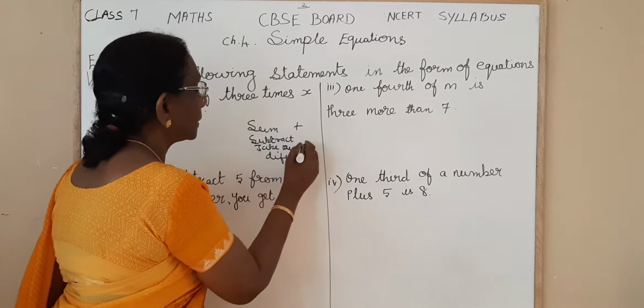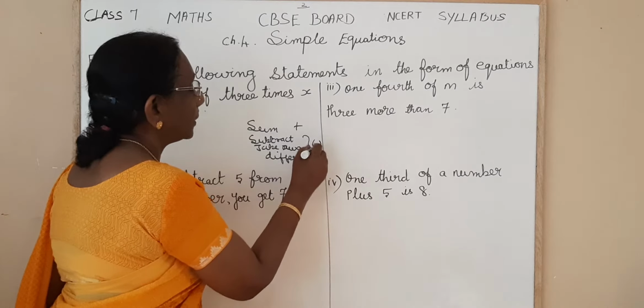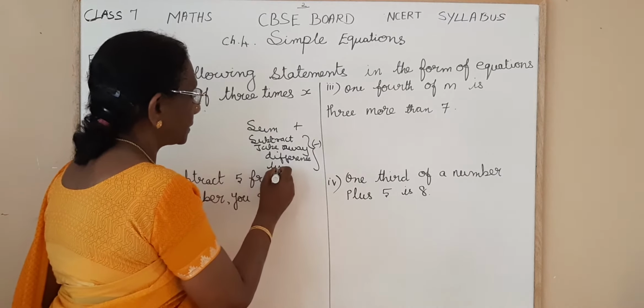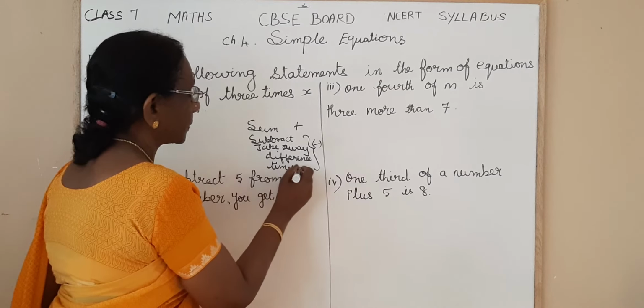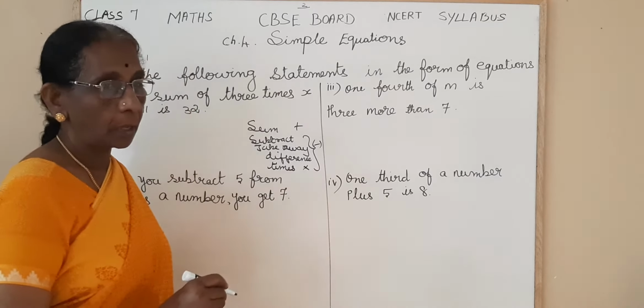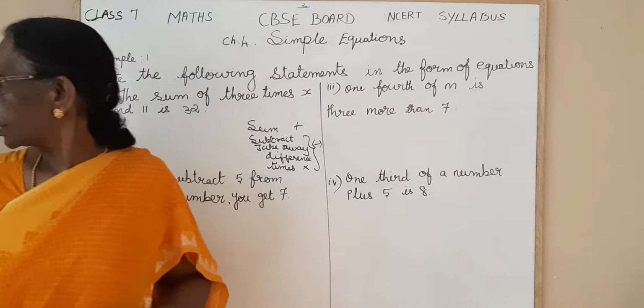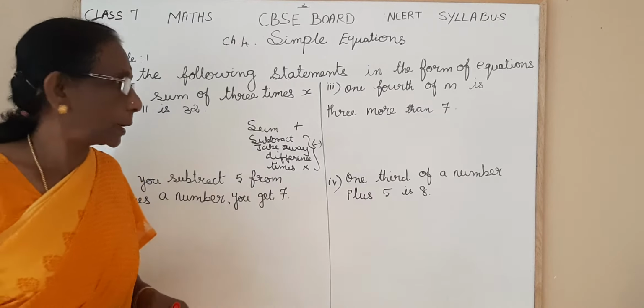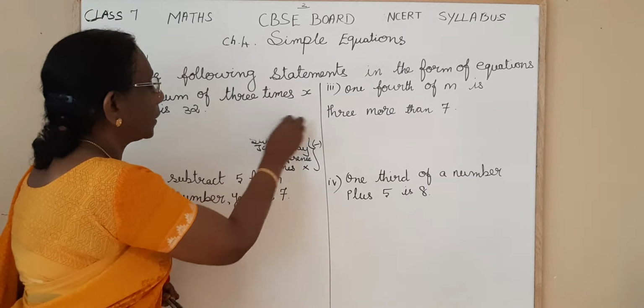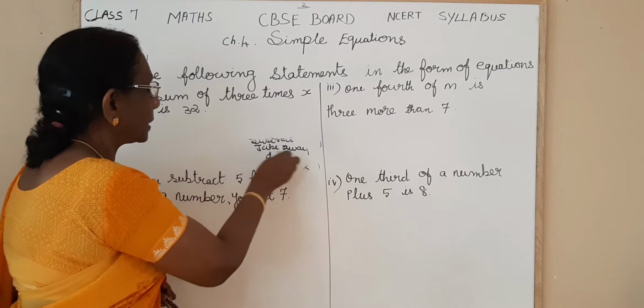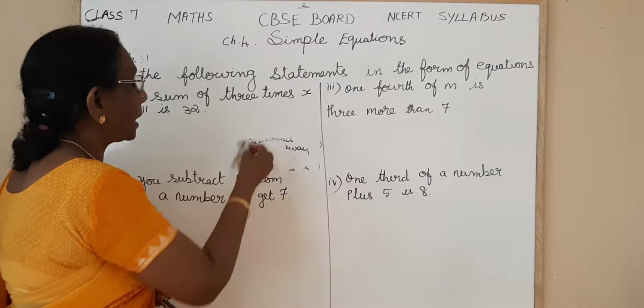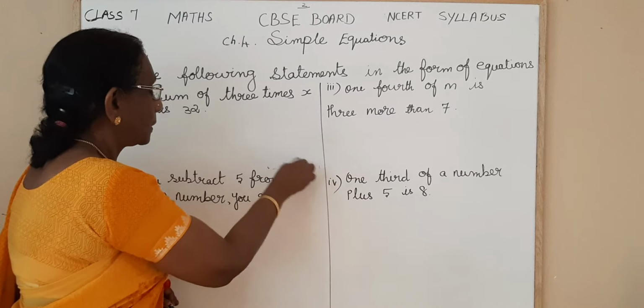For all these words, what sign? Minus. Times means multiplication. And then for fraction, 1/3 of a number, 1/4 of a number, 2/5 of a number. So they denote fractions, isn't it? Let us recall that, and we'll continue the example.